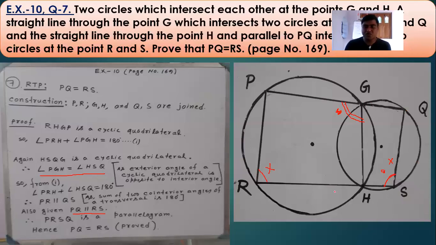So this quadrilateral becomes a parallelogram, and we know in a parallelogram opposite sides are equal. PQ and RS are opposite sides. So PQ equals RS. Proved. So we go to our next problem.